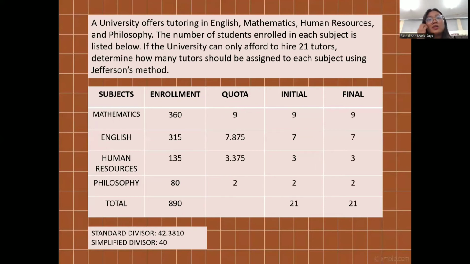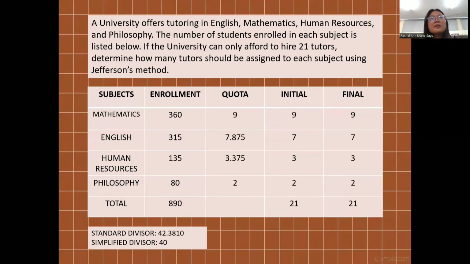So here we can see the quota 9, 7.87 has become 3.375 for 3.185 and 2 for philosophy. And the initials were 9, 7, 3, 2, 21. And then the final, we can see here that it's proportional: 9, 7, 3, 2, and 21.